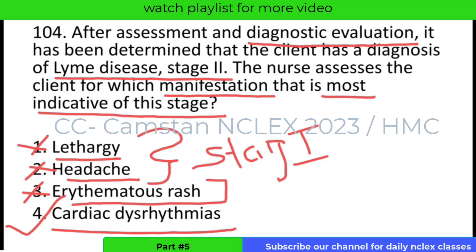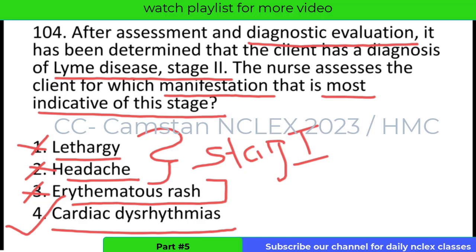The treatment that can be given in case of stage 2 Lyme disease is antibiotics like doxycycline and amoxicillin. Stage second of Lyme disease mainly develops in 1 to 3 months if stage 1 is not treated properly.